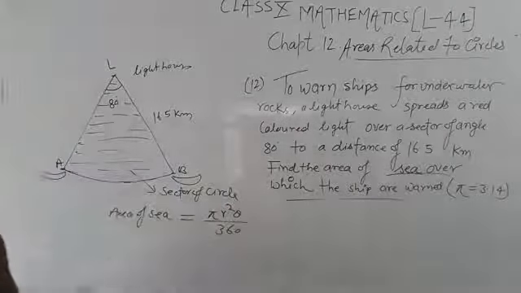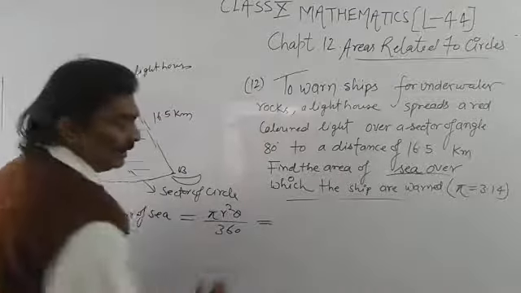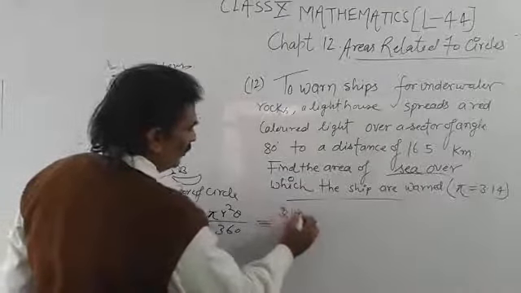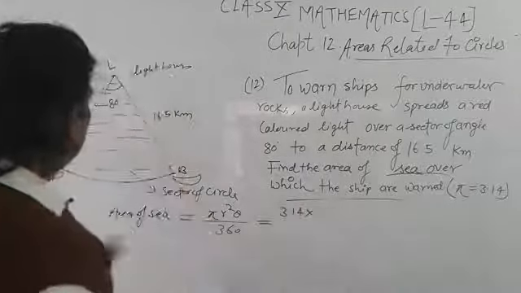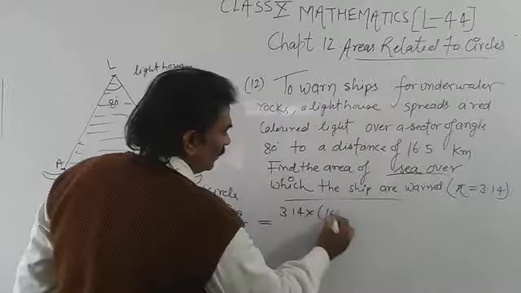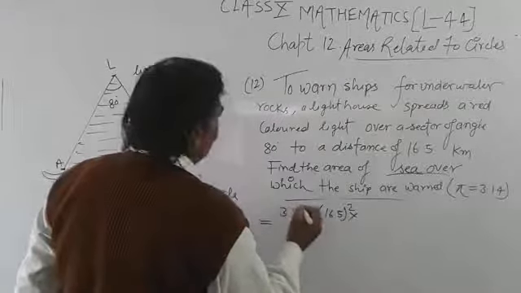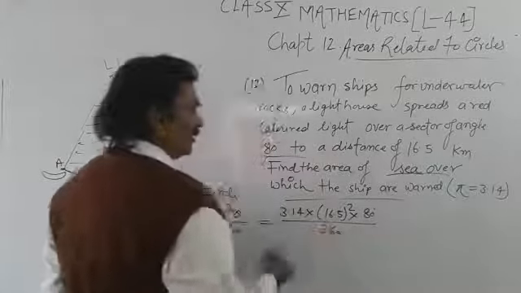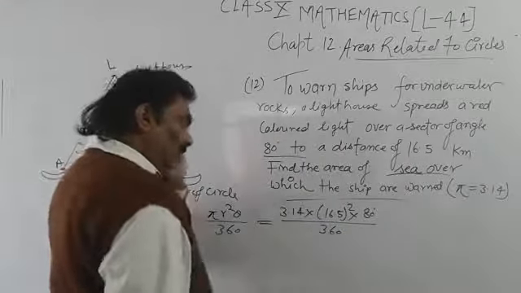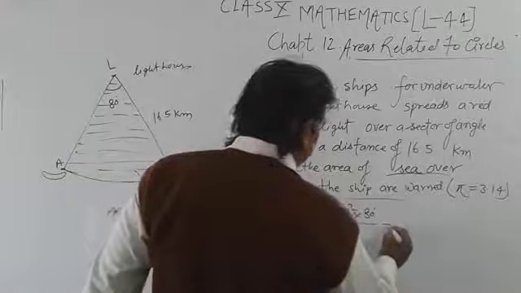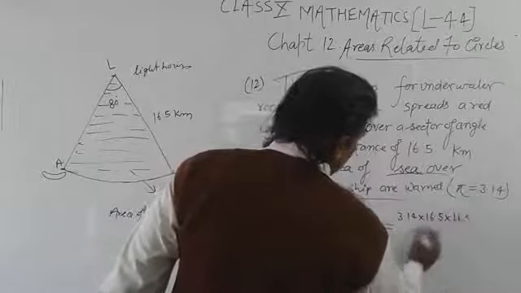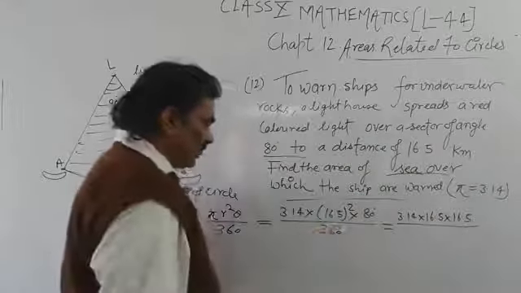Again we apply here the area of sector formula, and we take pi equal to 3.14 multiplied by r square. r square means 16.5 square, which is in kilometer, and theta is 80 degree upon 360. So students, now you have to simplify it to get the answer as 3.14 multiplied by 16.5 into 16.5 into 80 upon 360.